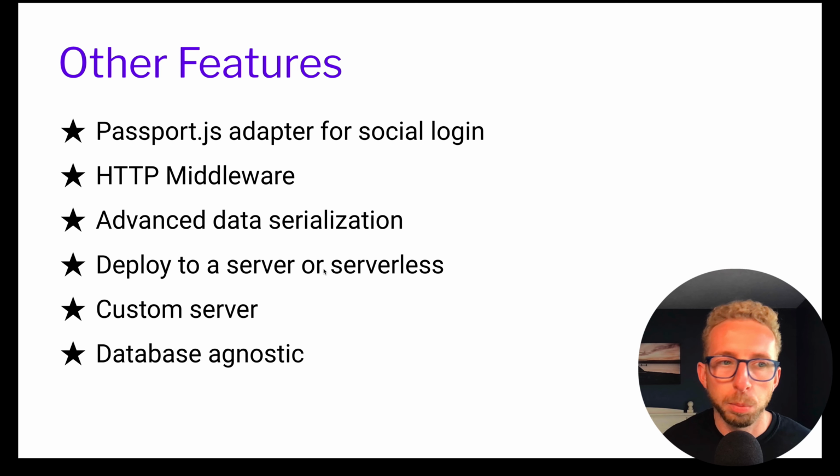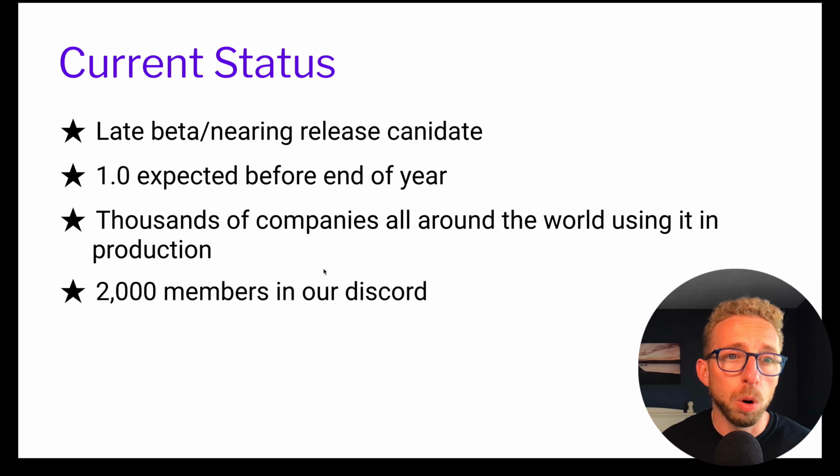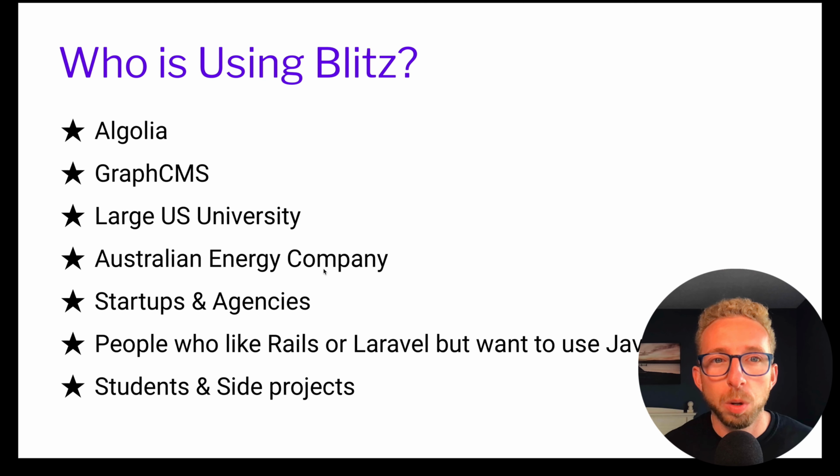Blitz is very flexible. So we are late beta, nearing release candidate, expect a 1.0 by the end of the year. And we have thousands of companies all around the world using it in production. And we just recently passed 2,000 members in our Discord. So we have people using Blitz like Algolia, GraphCMS, universities, energy companies, startups, and students inside projects.